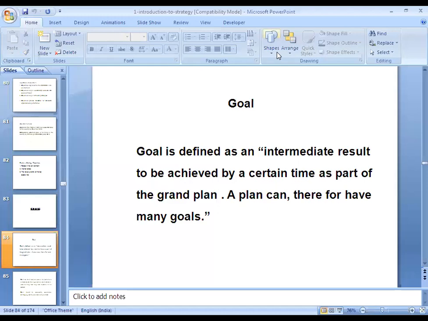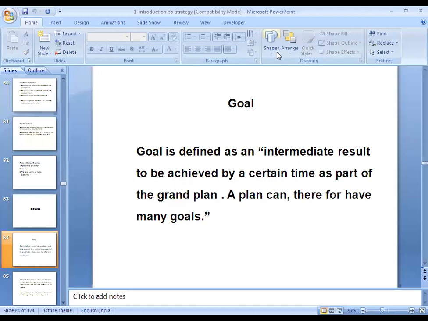Maybe you have one goal, and in order to achieve that goal, you'll have to attain five different objectives. After achieving the five objectives, you can say my goal has been accomplished. Are you getting it? Goals are relatively higher in order compared to objectives.